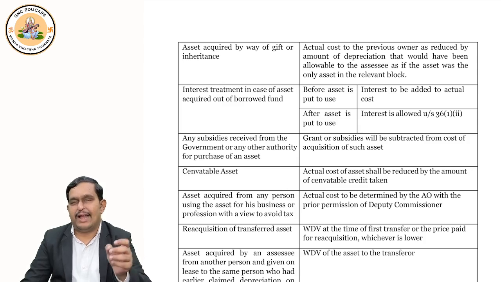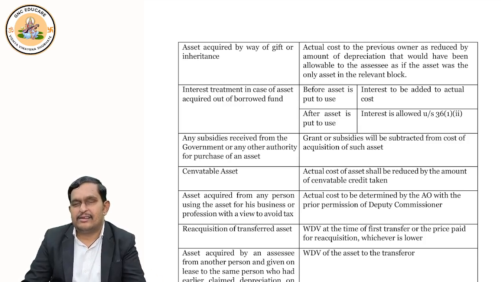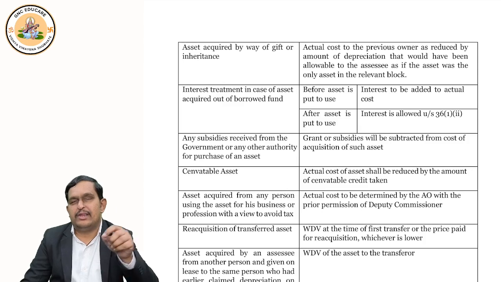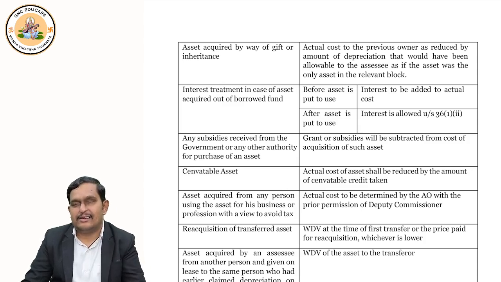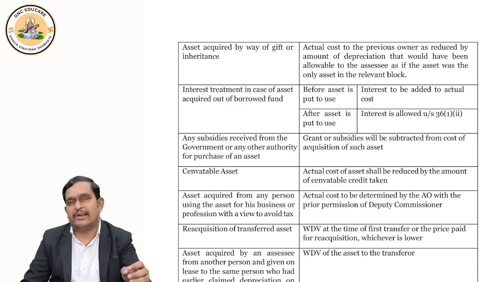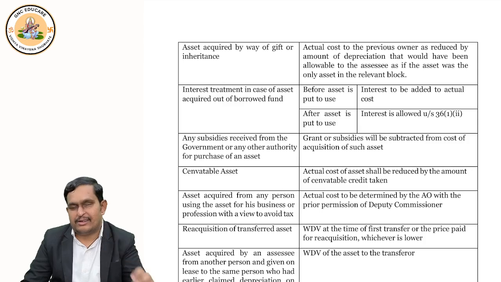Suppose we purchased a plant and machinery on which we also paid GST. Now, if you can claim input tax credit on the asset, then what to do? There is a law which clearly says so, so let me tell you the current law. Earlier, if you could claim credit, it was reduced from the cost.